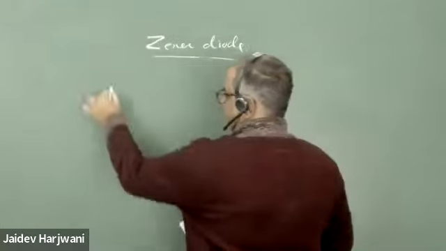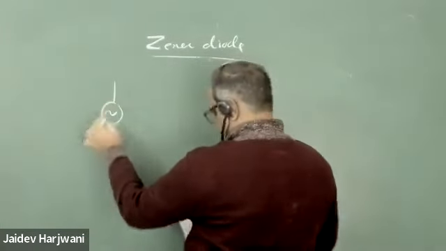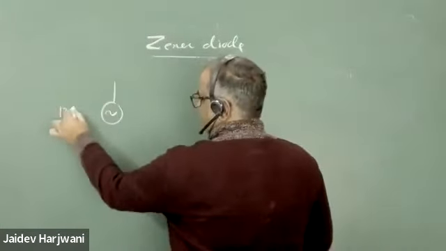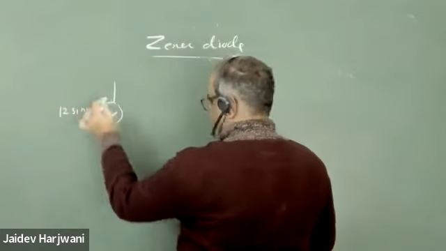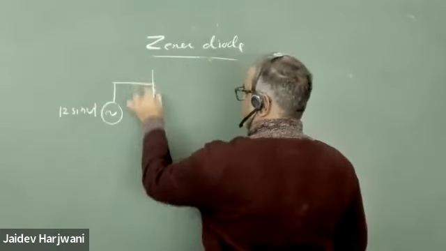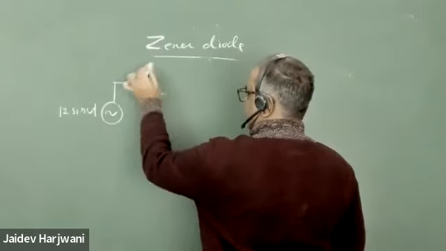You have a power supply, say 12 sin omega t, and you have a Zener diode.